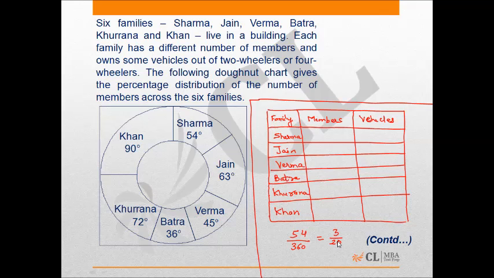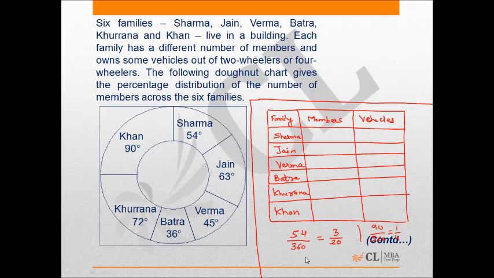Similarly, if I look at the Khan family, that would be 90 divided by 360, which is 1/4. So if I calculate the fraction for each of these families, the fractions would be: 3 by 20 for Sharma, 1 by 4 for Khan.